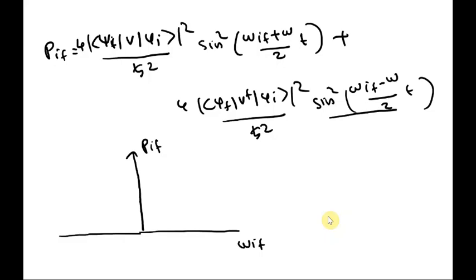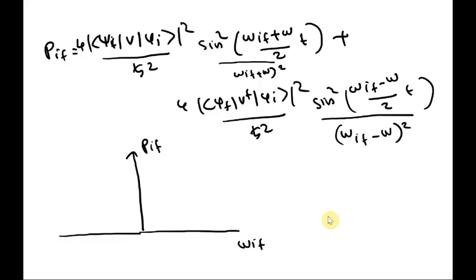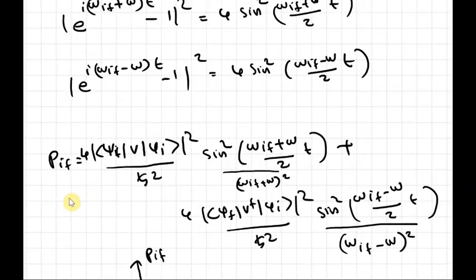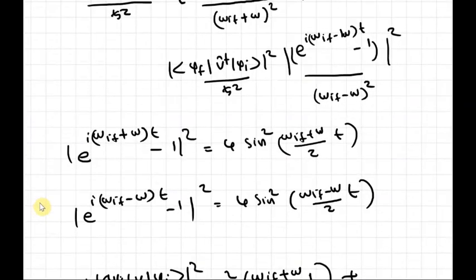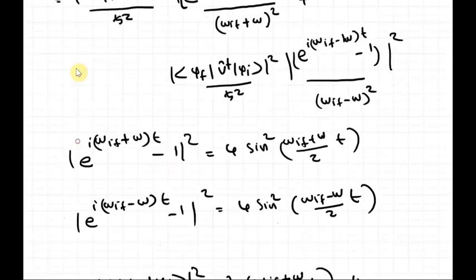There is an omega square term in both of these terms: omega if minus omega square, and here also omega if plus omega square.